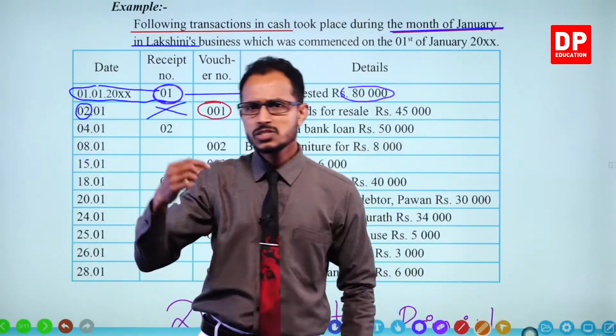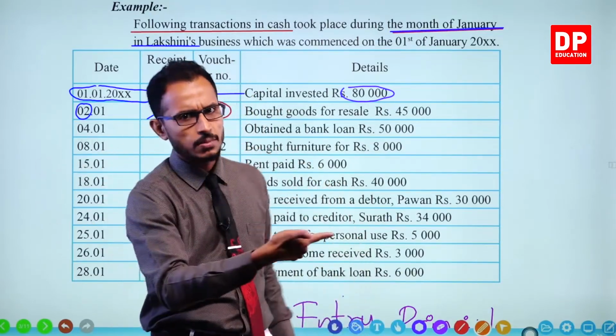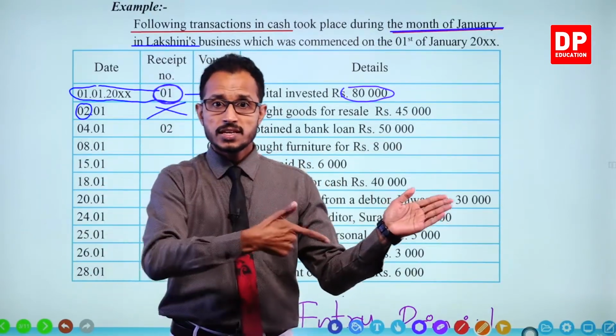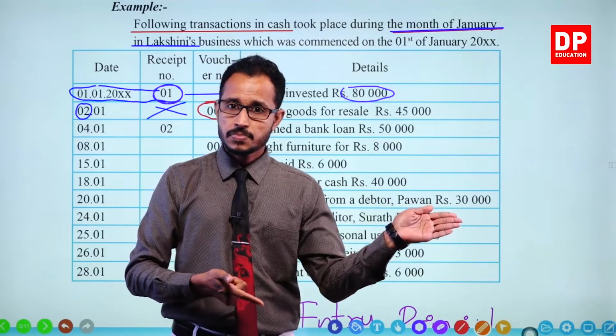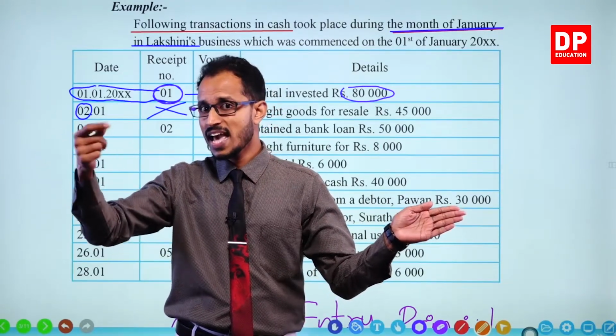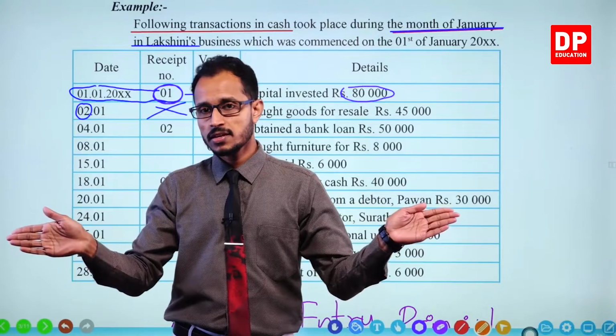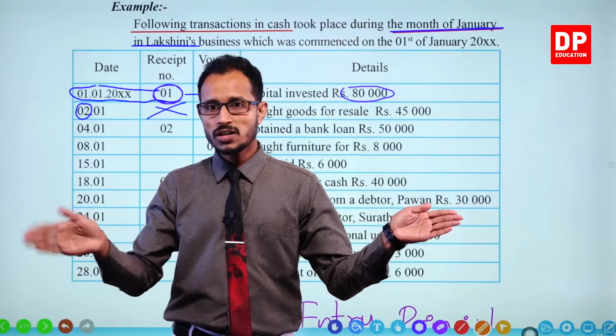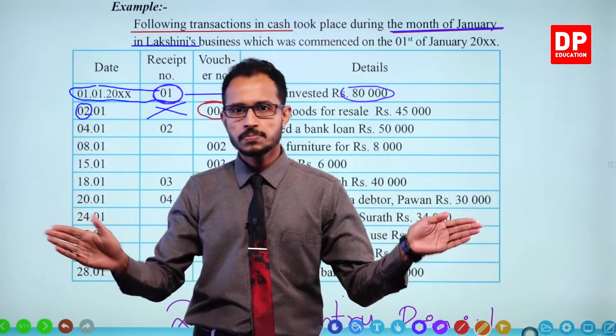Purchase goods, that means goods came in. So goods ins are debited. Paid for the goods, that means cash out. Outs are credited. What should be credited? Cash.